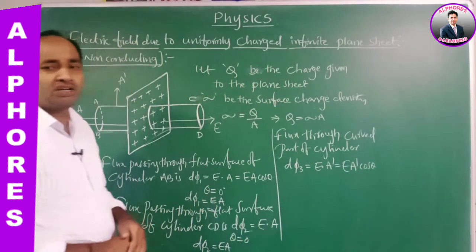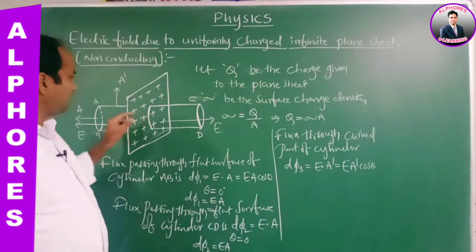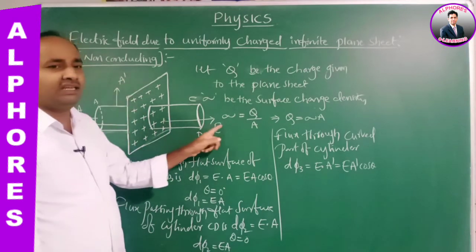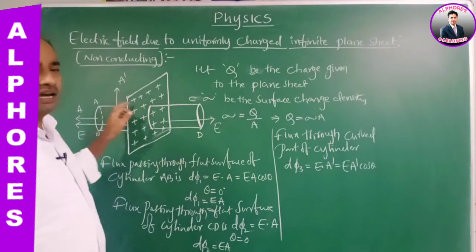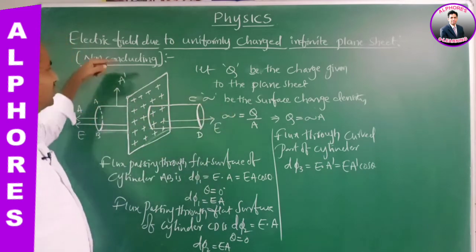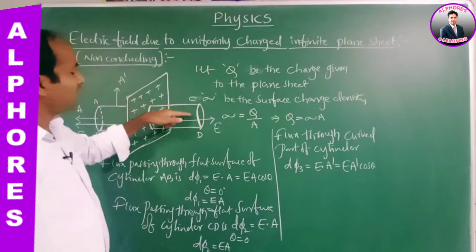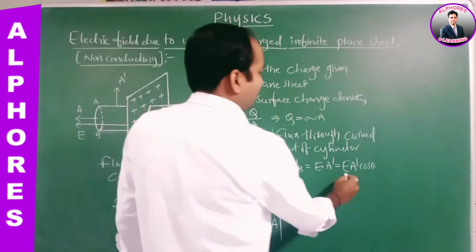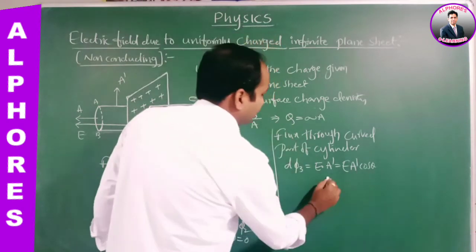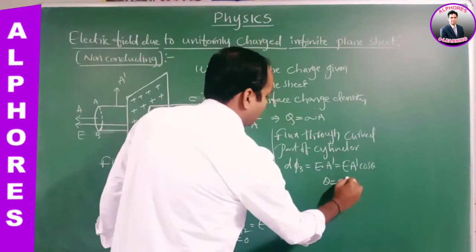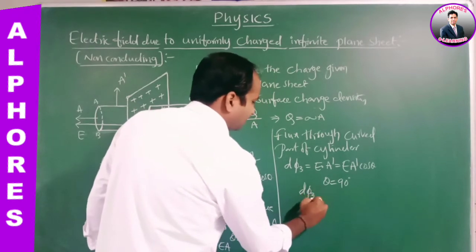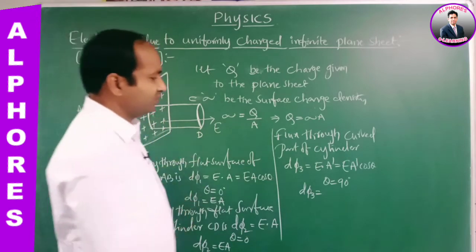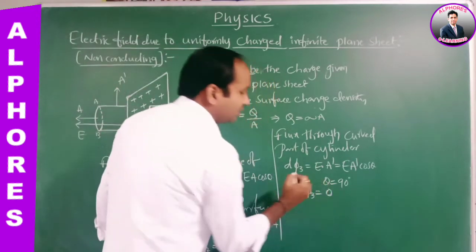Where theta is the angle between E and A dash. If you observe the diagram, E is along the right side, and A dash is a normal. The angle between E and A dash is 90 degrees. So d phi 3 is equal to EA dash cos 90, cos 90 is 0, so d phi 3 will be 0.